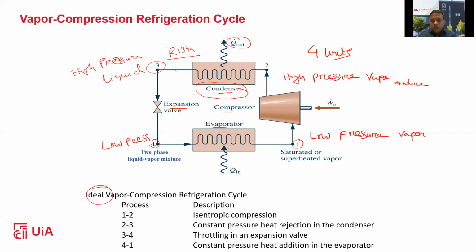And then when it reached point 4 and passed to the evaporator, in the evaporator it received the heat from the surrounding, and then it evaporates this liquid vapor mixture. It will evaporate to the saturated or superheated vapor, you can see.